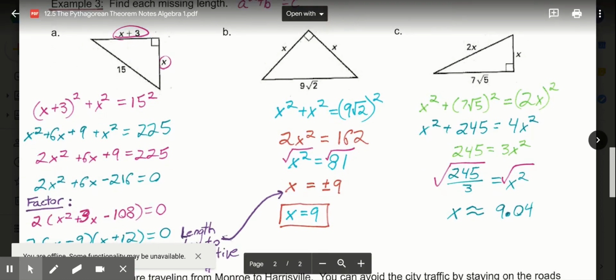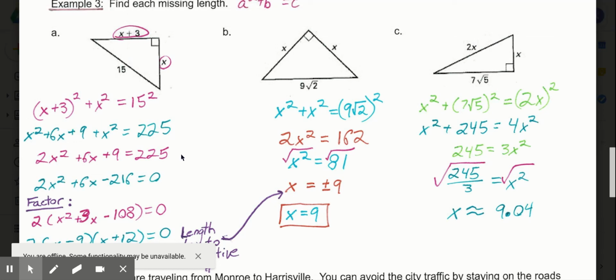So then we need to FOIL the x plus 3. So that would give us x squared plus 6x plus 9 plus our x squared equals 225. Combine like terms, and we have 2x squared plus 6x plus 9 equals 225.